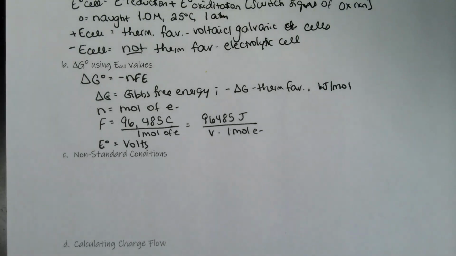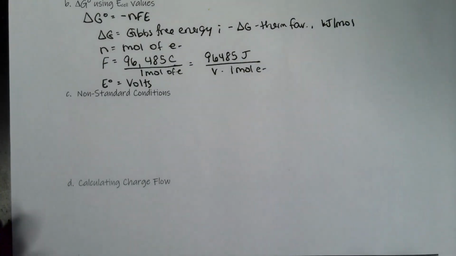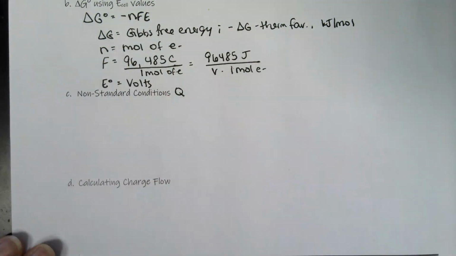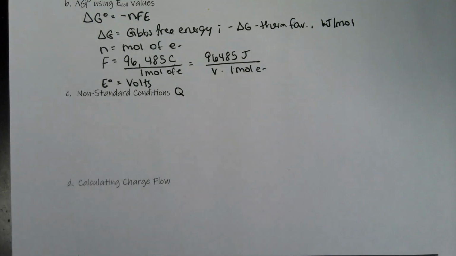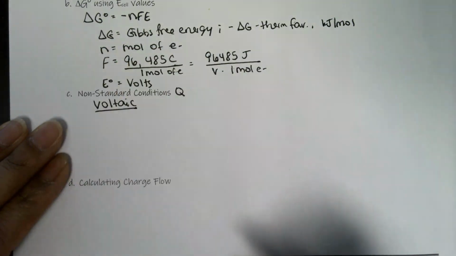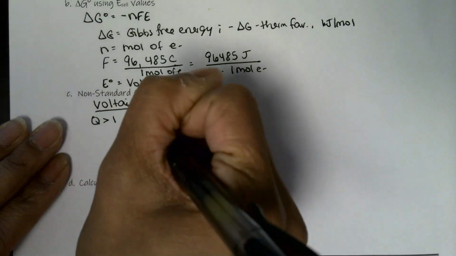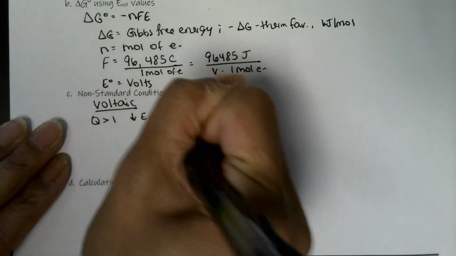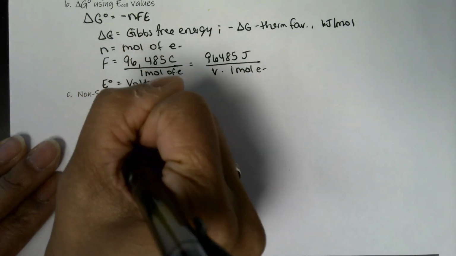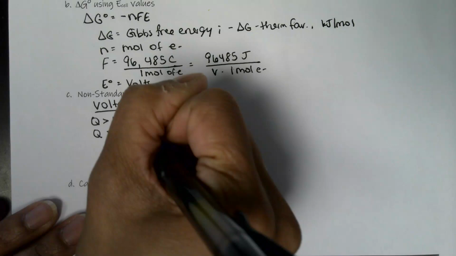So those are standard conditions. Non-standard conditions: this might be when we are changing the concentration of the solutions, or we're adding a solid to this. A lot of times we'll deal with Q instead of K. Q deals with non-standard conditions. If we have a voltaic cell and Q is greater than 1, that means that the E cell value has decreased or will decrease, whereas if Q is less than 1, E cell will increase.